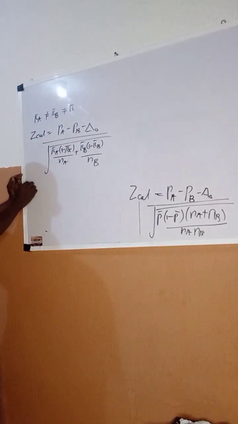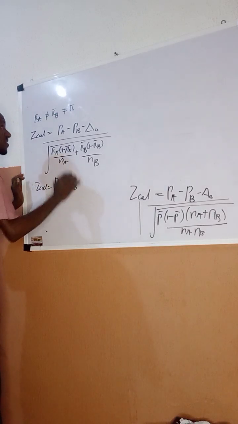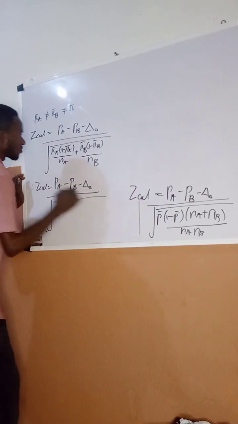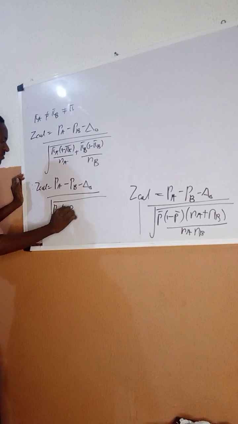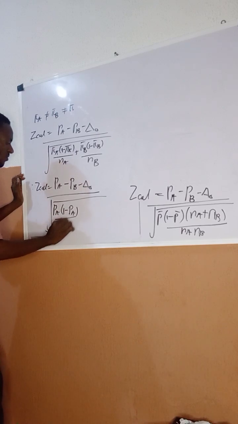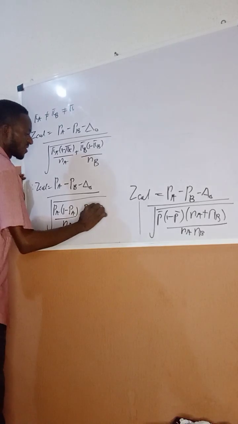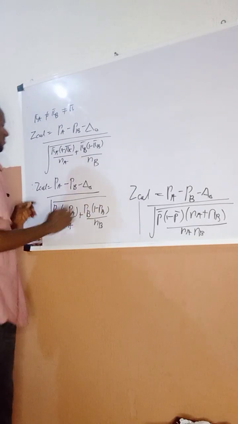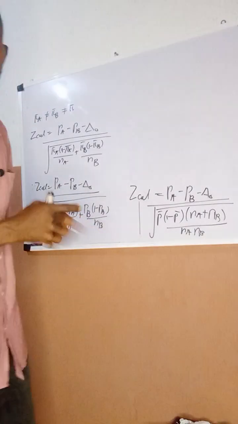So on that condition, my Z car now equals P of A minus P of B minus delta 0, all over the square root of P of A into 1 minus P of A all over N of A, plus P of B into 1 minus P of B all over N of B. So in this second condition, this is what we are going to do.